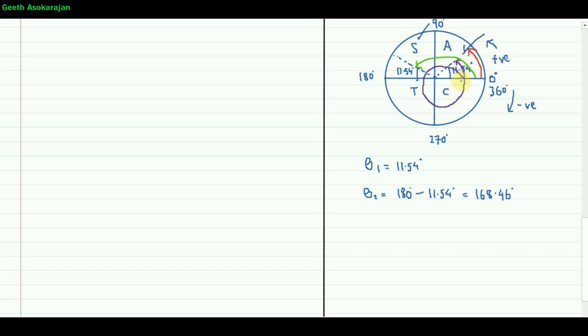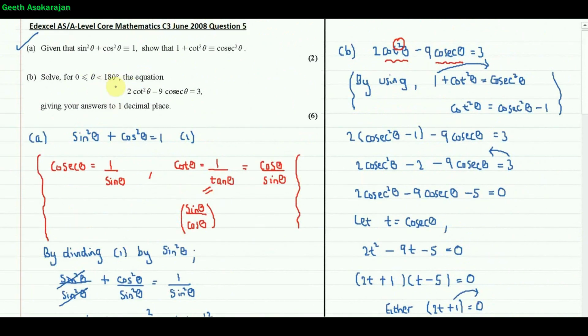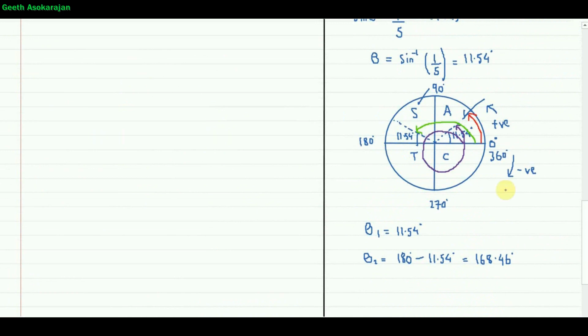So that angle would be 360 plus 11.54, and that angle as a result would be outside our given range, so that will be way beyond 180, so there's no need to work out that solution.